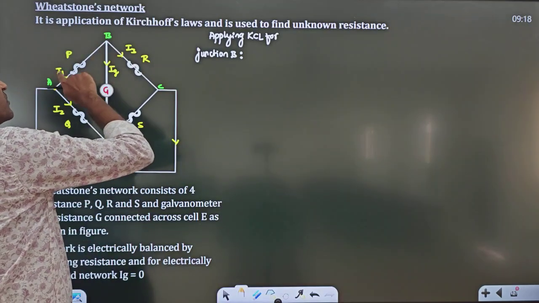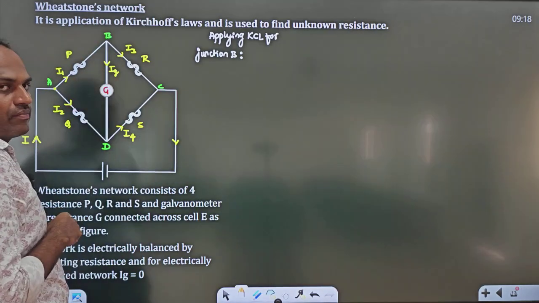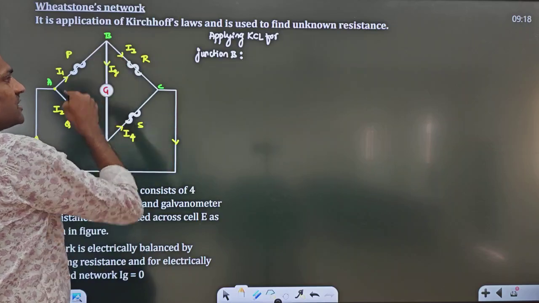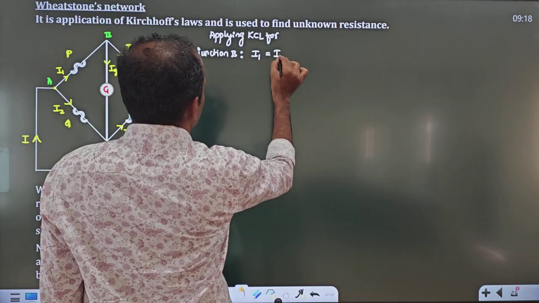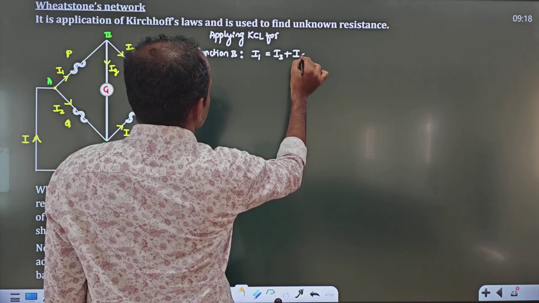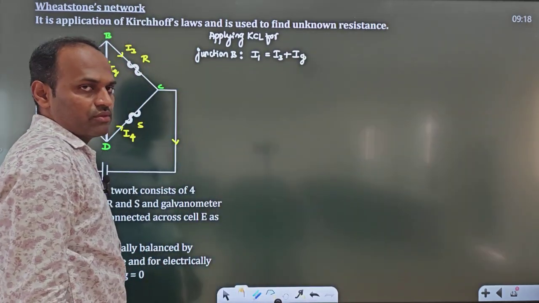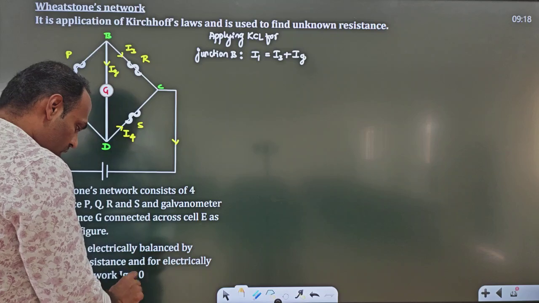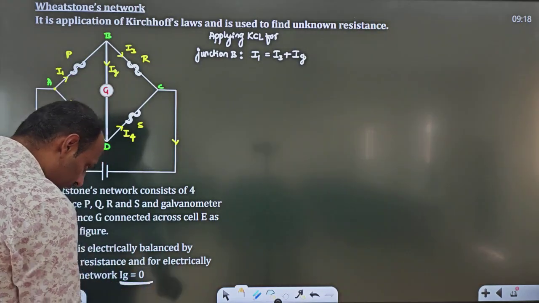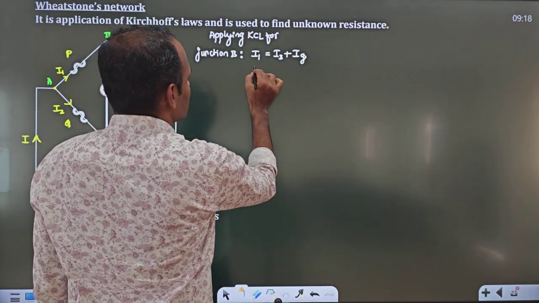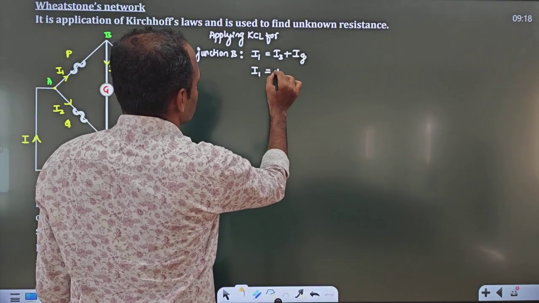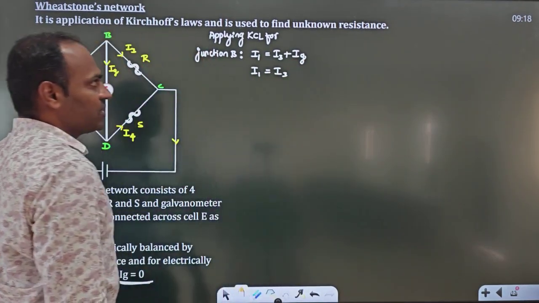For junction B, I1 is incoming, and I3 and IG are outgoing. So I1 is equal to I3 plus IG. Since we have already taken that for a balanced network IG has to be 0, we get I1 is equal to I3.